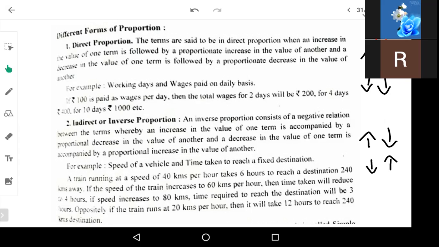So if the number of days decreases, the salary also will decrease. So if A increases, B will also increase. If A decreases, B will also decrease. This is direct proportion. Both will increase, both will decrease. Understood direct proportion?